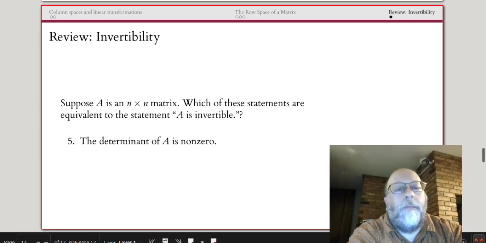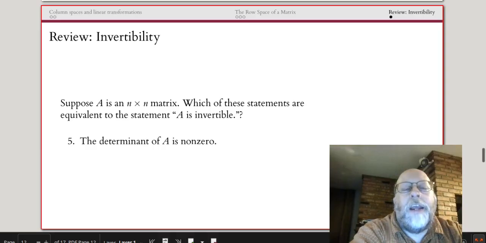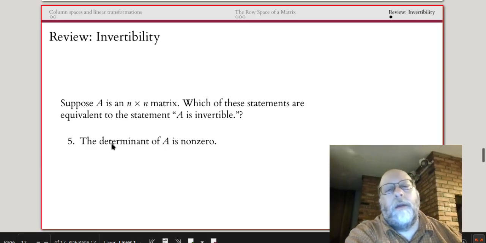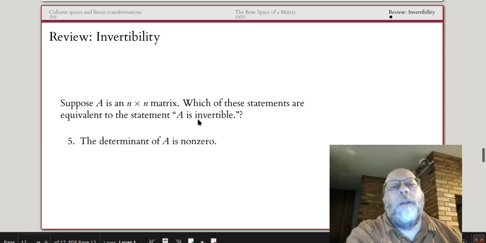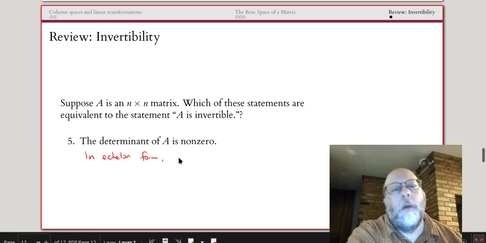Let's keep going. If the determinant of A is non-zero, so we did see a shortcut for the determinant of a 2 by 2 matrix that requires dividing by the determinant. But importantly here, we know that in echelon form, the determinant of A is what we get when we multiply going down the diagonal.